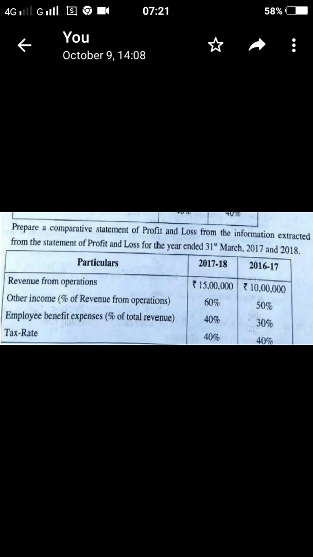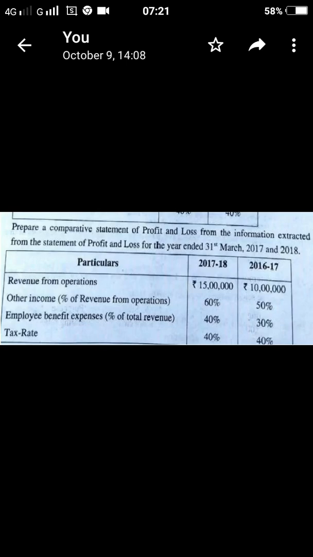Revenue from operation is given, and that is 15 lakhs for the year 2017-18 and 10 lakhs for 16-17. While the other details are not absolute, they are given in percentage, like other income, which is 60% and 50% of the revenue from operation for the year 2018 and 17.